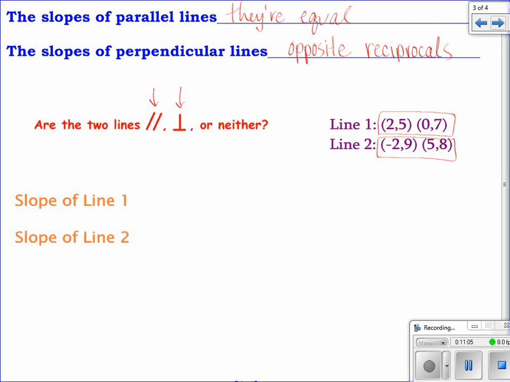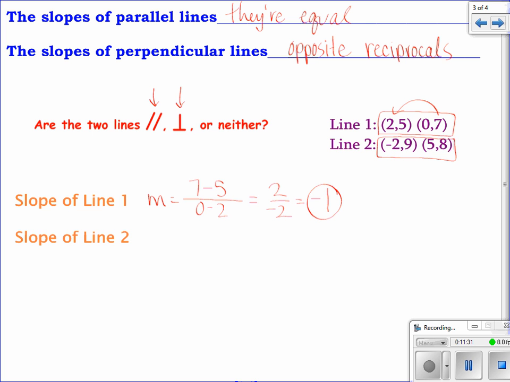Slope of line 1. We're going to subtract the y values in the numerator. So let's go this direction. 7 minus 5 and 0 minus 2 for the x's. We simplify this, we get -1. That's the slope of line 1 if we were to graph it.